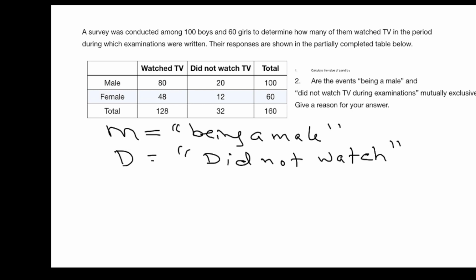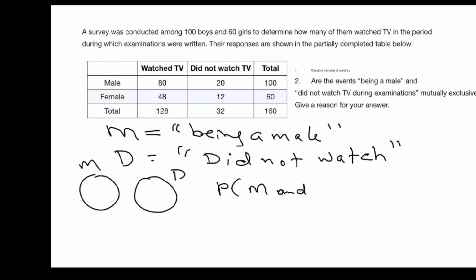The first one is that if they're mutually exclusive, then it means the two events, M and D, actually do not intersect, which means the intersection of M and D has a probability of 0.